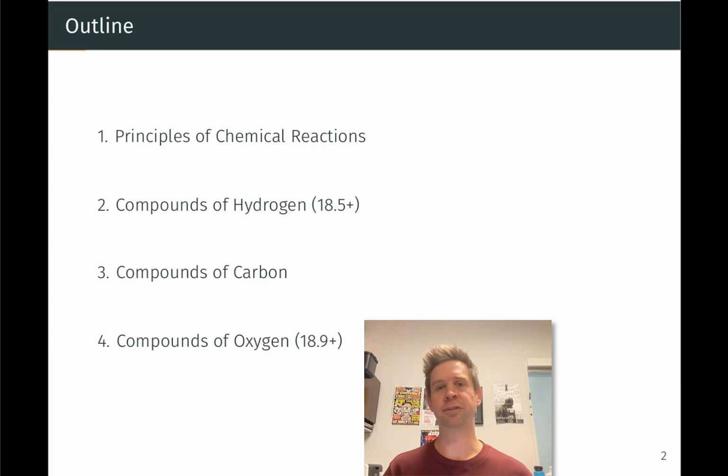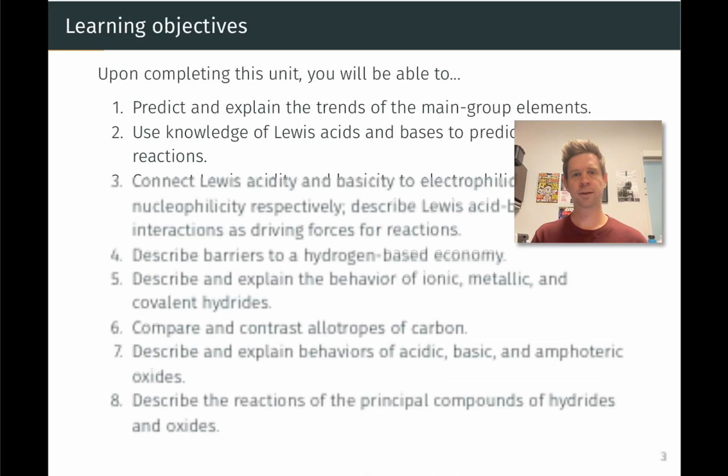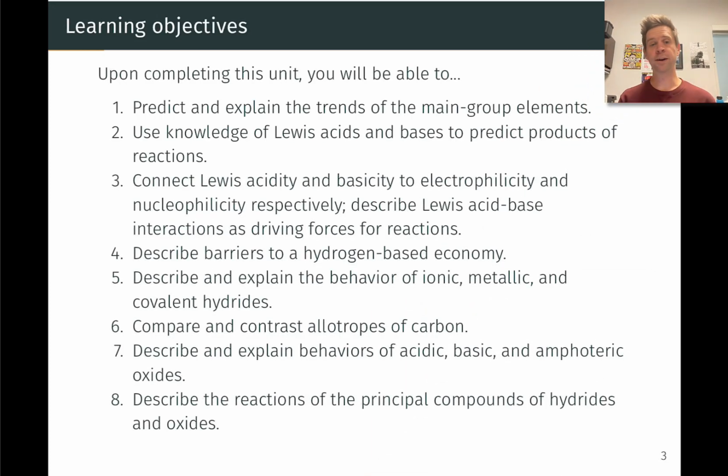Then we're going to look at some specific classes of compounds where we can apply these principles, starting with compounds of hydrogen, and then looking a little bit at compounds of carbon, inorganic compounds of carbon that don't really involve carbon in small molecule form, and then compounds of oxygen, oxides specifically. And so once we finish this unit, we're really going to get some important general principles for the reactivity and properties of the main group elements and compounds thereof.